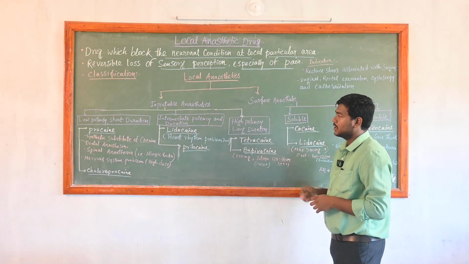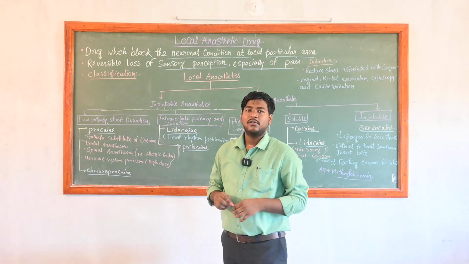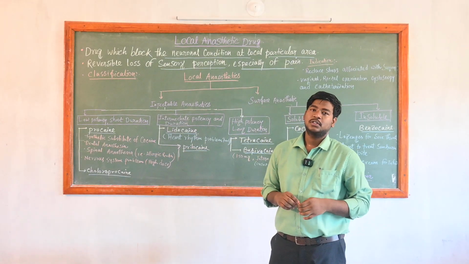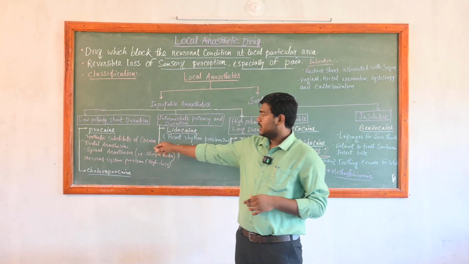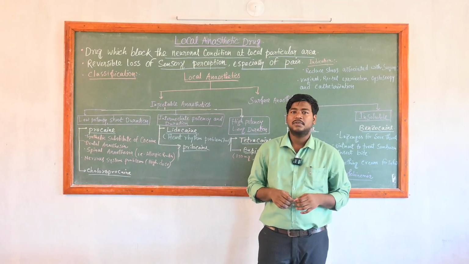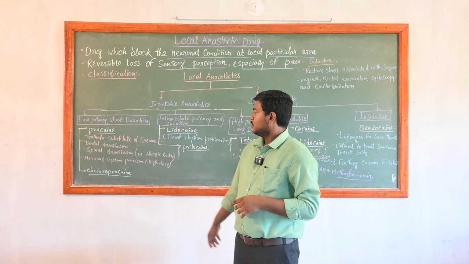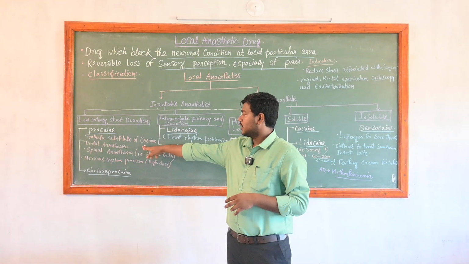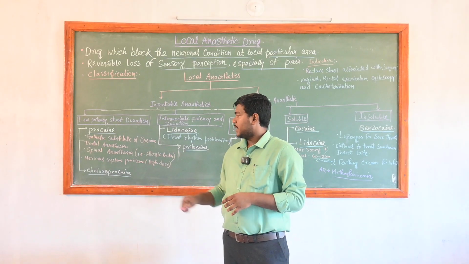So as an alternative of cocaine, first of all we used Procaine, but nowadays Procaine is not used much because of its limitations. Procaine is generally used as a dental anesthesia. For example, for any types of surgery in our mouth or dental cavity we use Procaine, but not much nowadays. And the next one is spinal anesthesia.